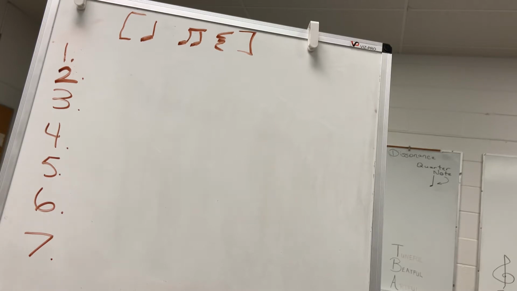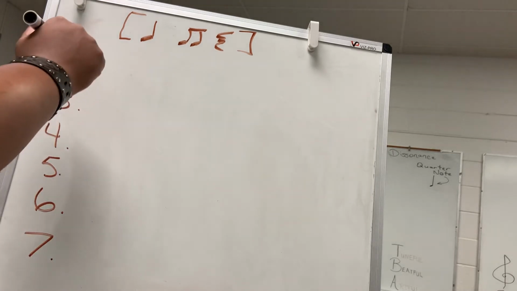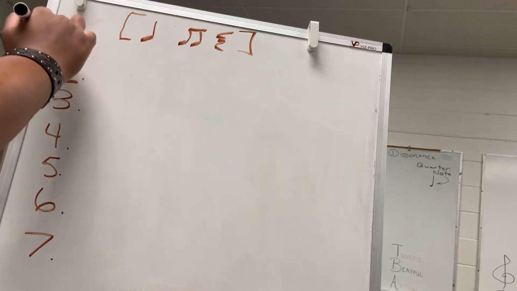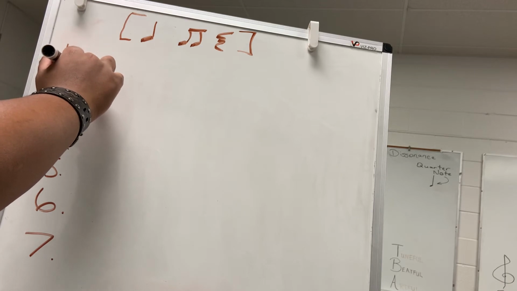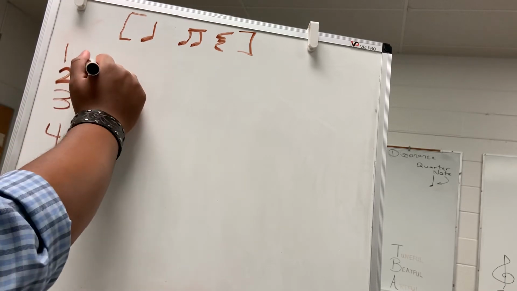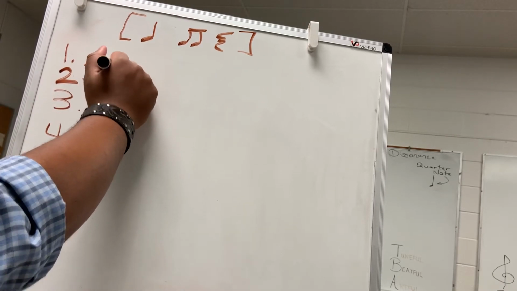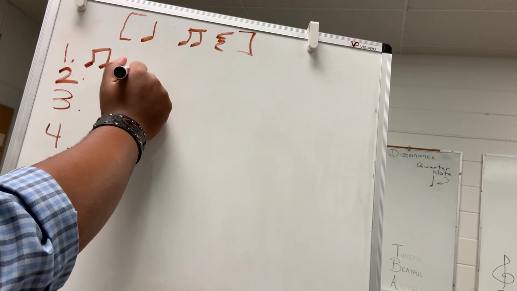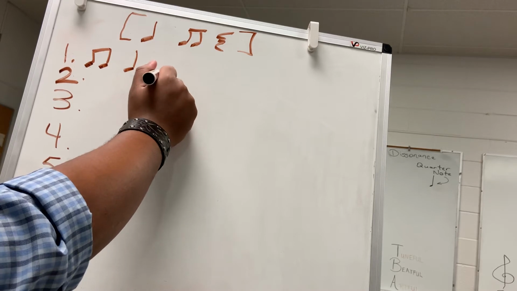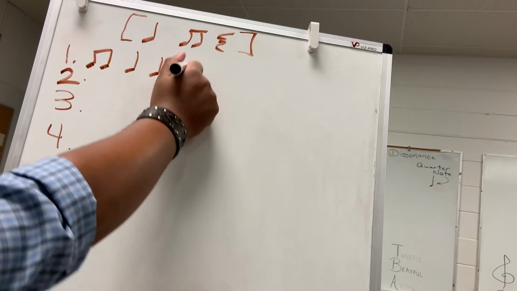This is what's going to happen. You're going to go to number 1, and you're going to write out what you think you heard. Remember, I said do day, do, do, do. So the first thing you should have heard is a do day. The next thing you heard was a do. Then there was another do. Then there was another do.